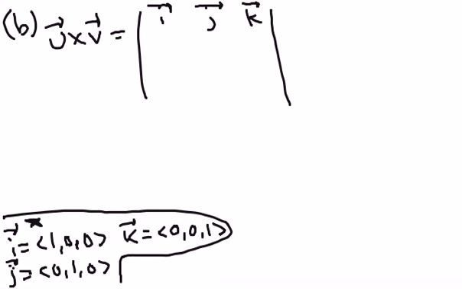So I'm going to put u here and v right below that. Okay. So this is going to be equal to i times the following. So what I like to do is, if I'm dealing with i, I cover up this column and this row that has to do with i, and this little square is what I'm left with. So I'm going to do 1 times -1 minus 2 times 5.